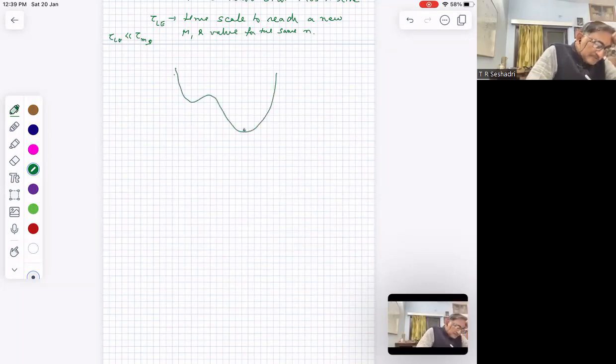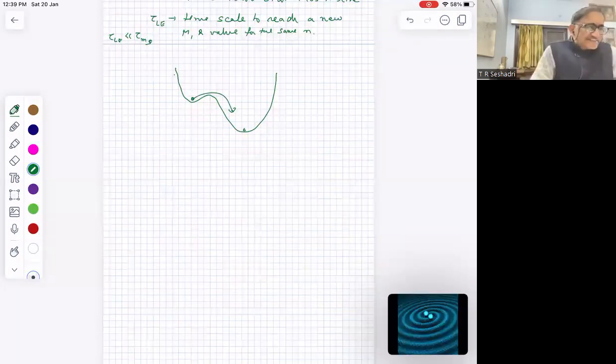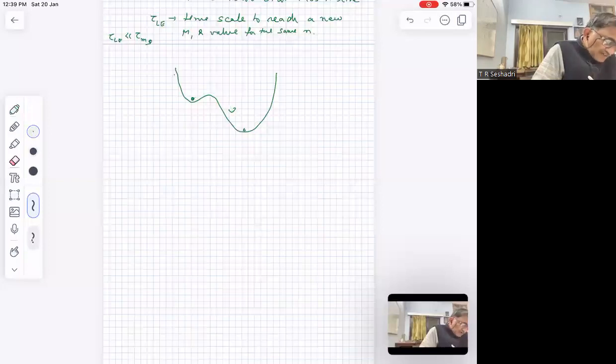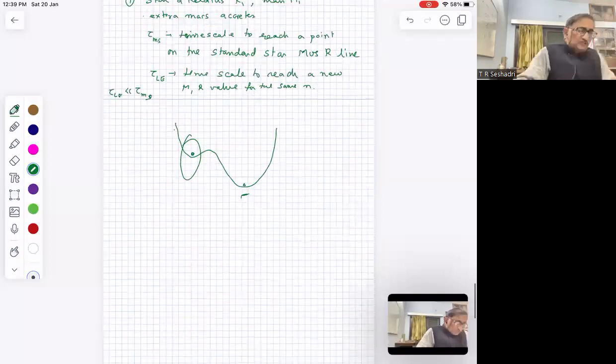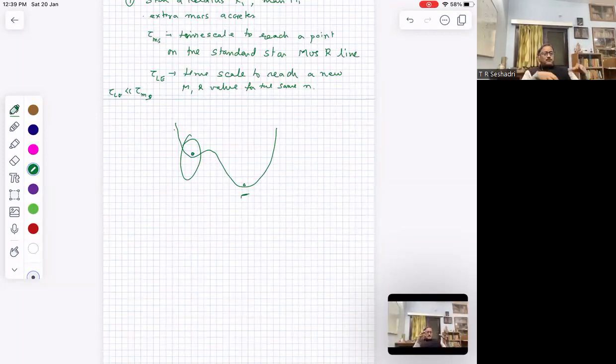Ultimately, it will go to the minimum. But it can so happen that it is stuck for a long time before it goes to the minimum. I mean, typically it is like tunneling. So the ultimate equilibrium is this, but there is a metastable state. So this is a good way to see it. The Lane-Emden solution is a metastable state before the system goes into the ultimate equilibrium of a normal star.